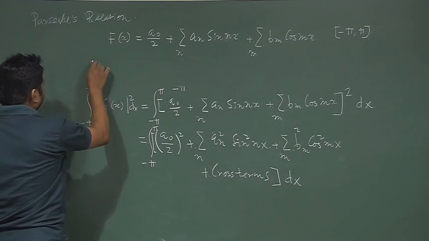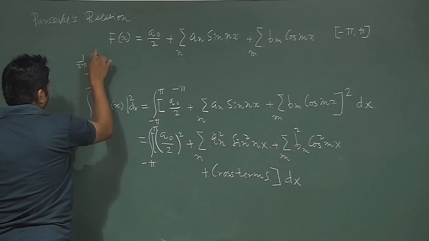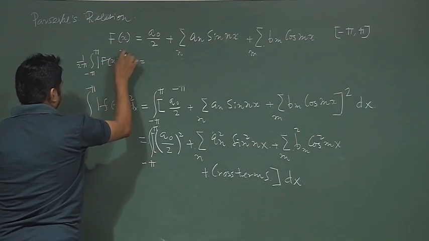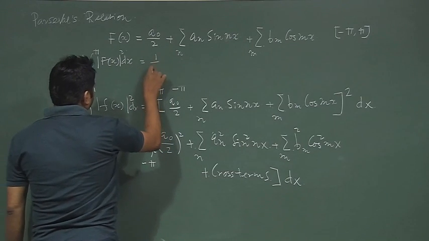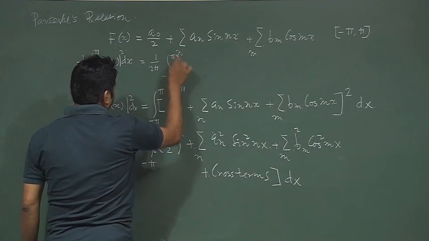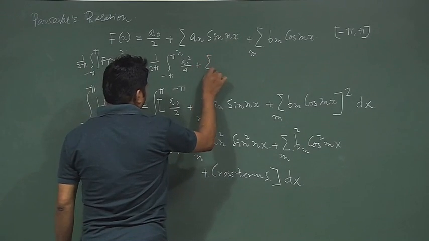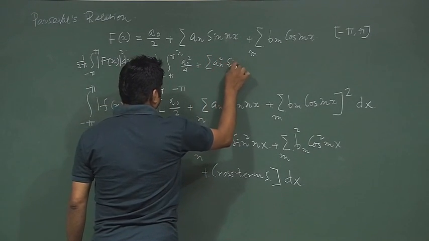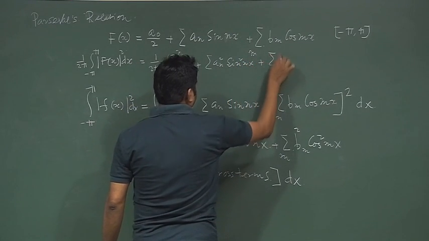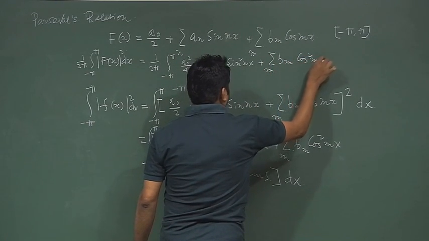So, I will finally have this quantity, 1 by 2 pi, integral from minus pi to pi of |f(x)| squared dx, which is something like 1 by 2 pi times the integral from minus pi to pi of a0 square by 4 plus summation of a n square sin square nx plus summation of b m square cos square mx.